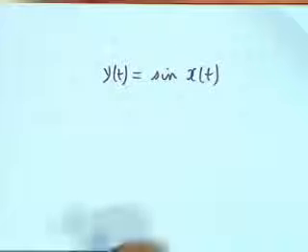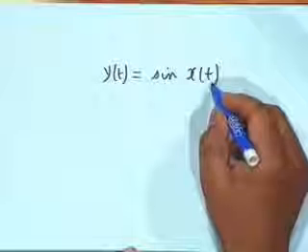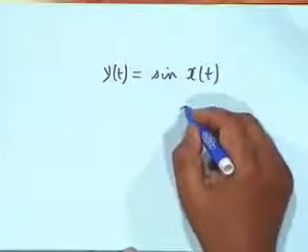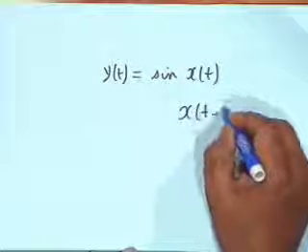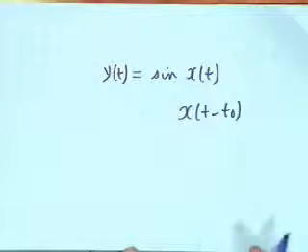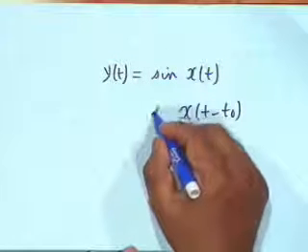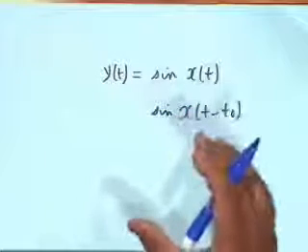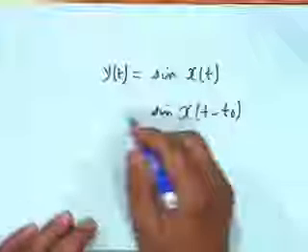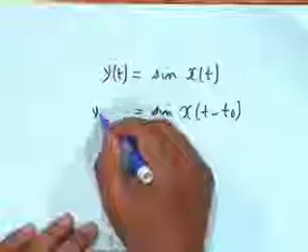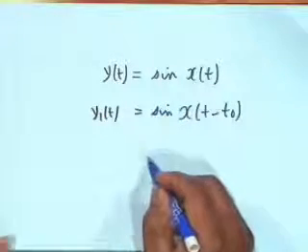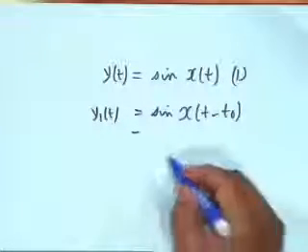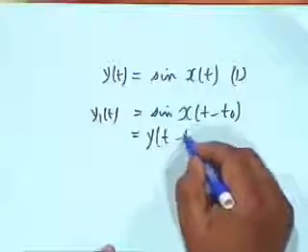Then if x of t is shifted by t0, that is x of t minus t0, obviously what the system does is it just produces a sine of whatever the input is, and therefore this will be y1 of t, the new output, and you see by comparing with 1 that this is simply y of t minus t0, and therefore the system is time invariant.